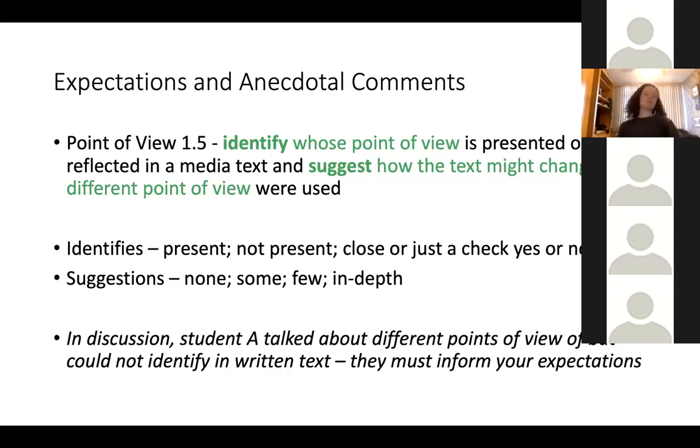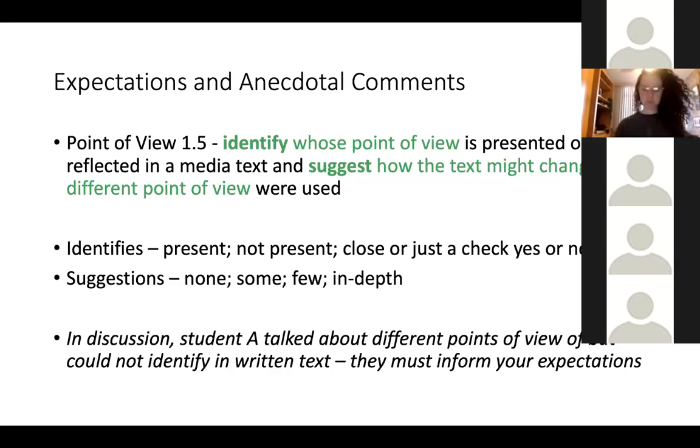The identifications are present, they're not present, or they're close. And if they're close or not present, I'm going to talk to them or give them written feedback to get them to a present stage. But it could also be just a check mark. Yes, it's present. No, it's not. Or a yes or no.